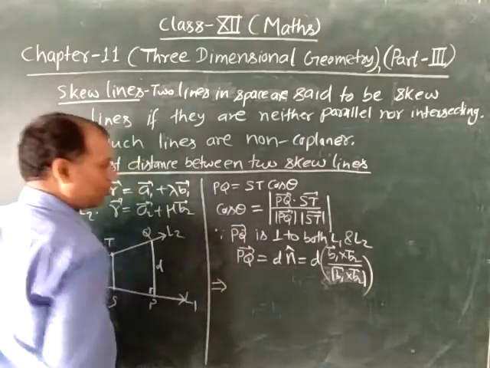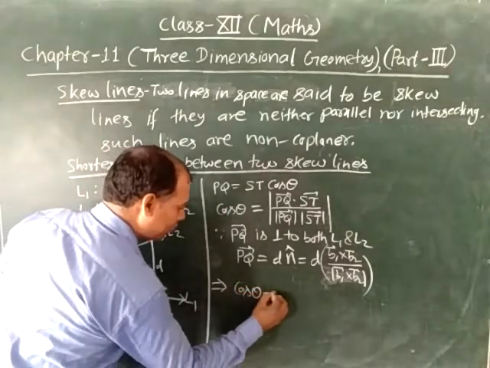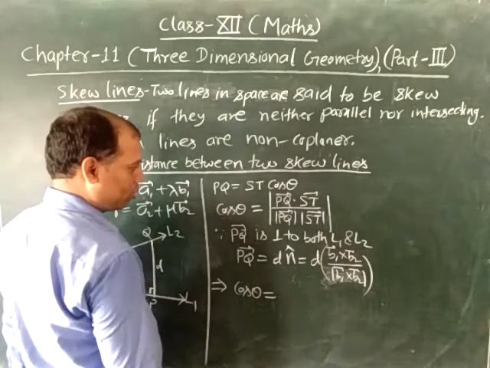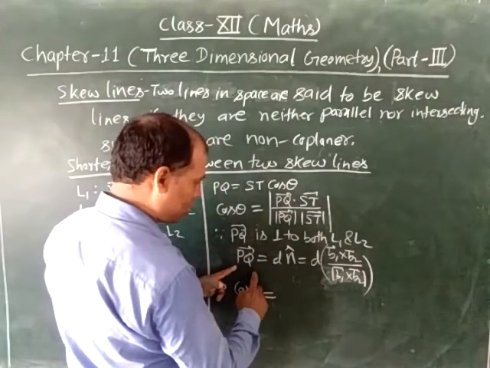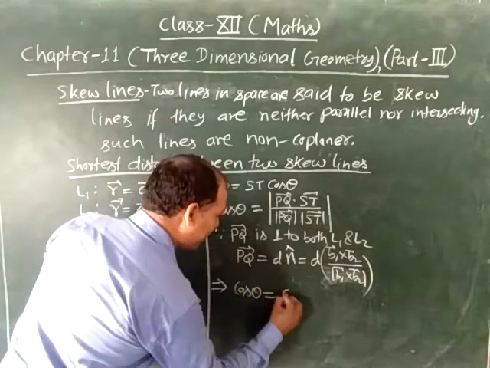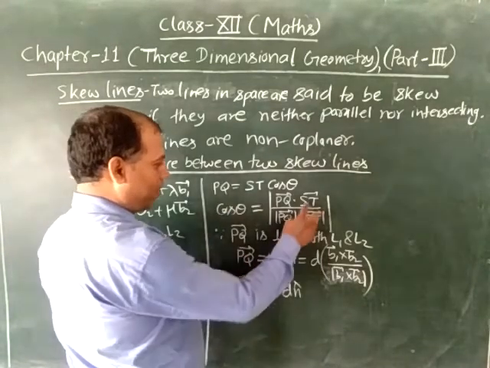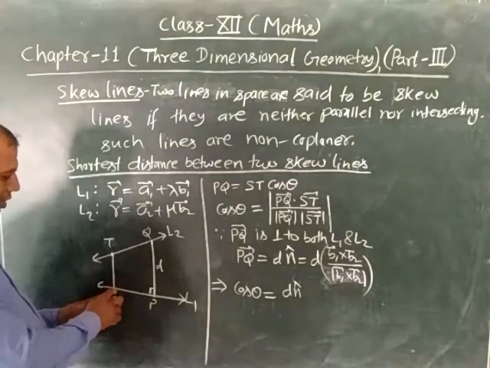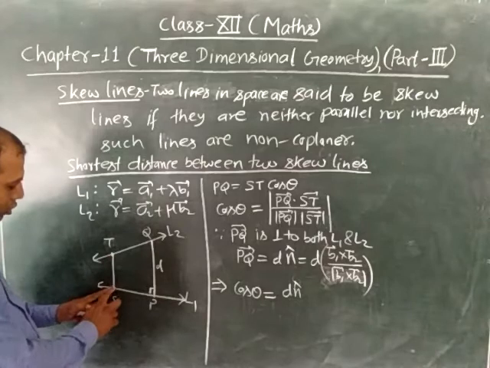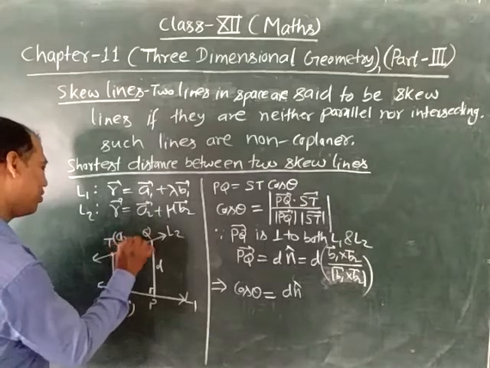We can simplify it. Cos theta equal to PQ dot ST. Here vector PQ is given by D n cap, and vector ST. ST is the vector joining the points S and T. The position vectors of these points are given by vector A1 and vector A2.